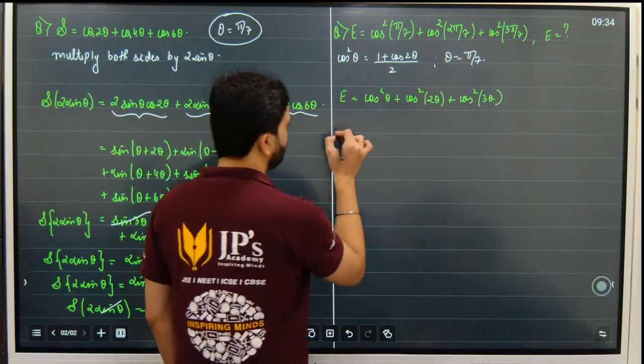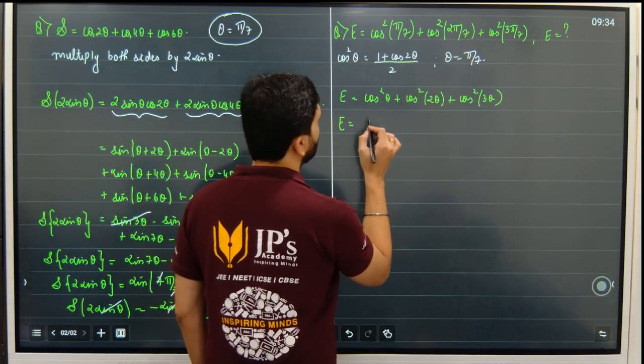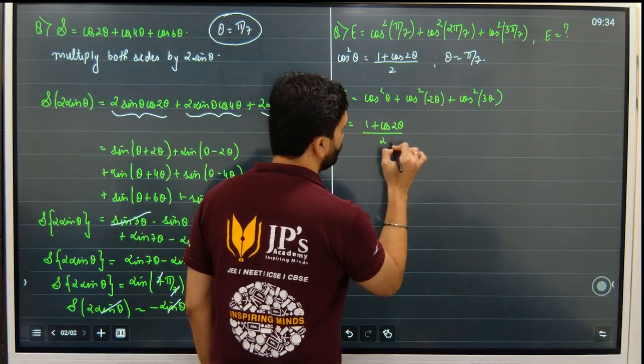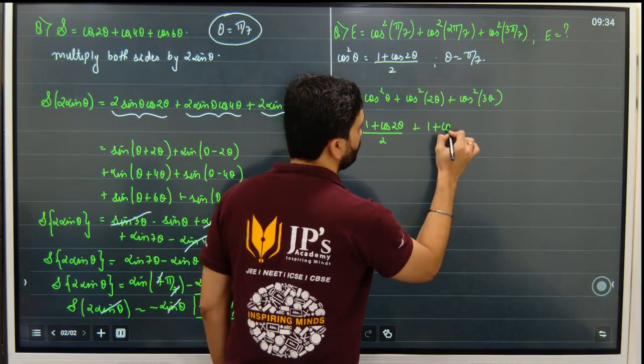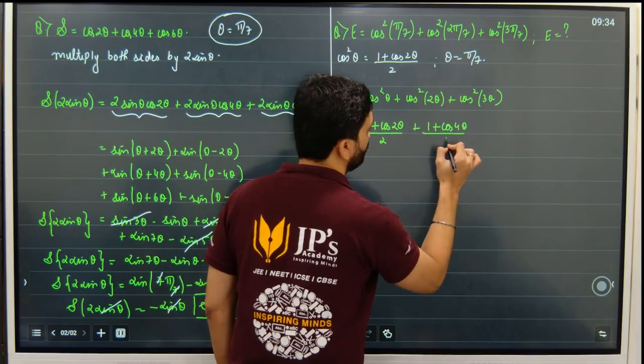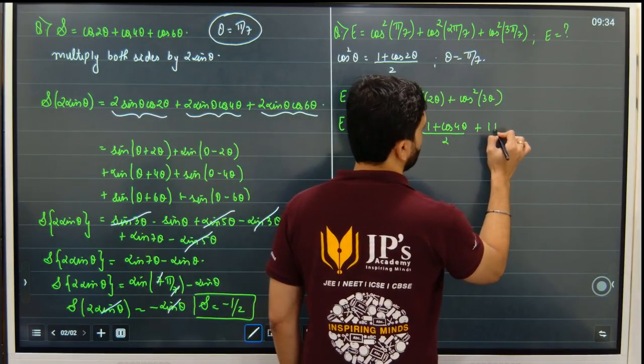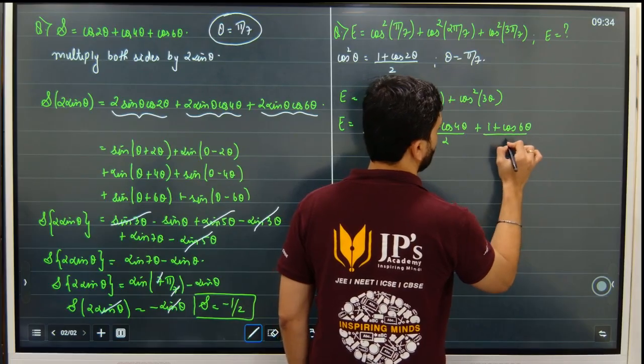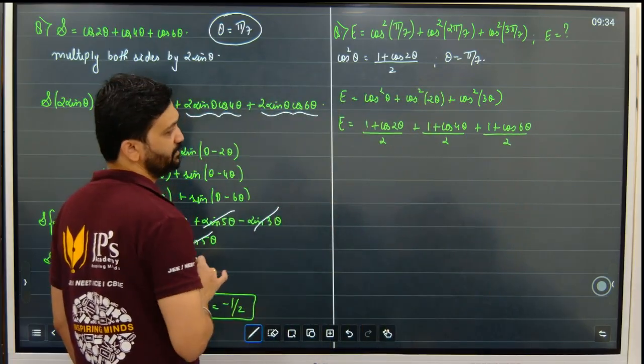And then I will write E is equal to (1 plus cos 2 theta) upon 2 plus (1 plus cos 4 theta) upon 2 plus (1 plus cos 6 theta) upon 2. Let's separate everything.